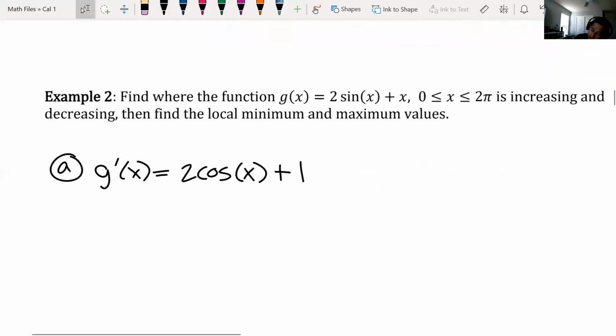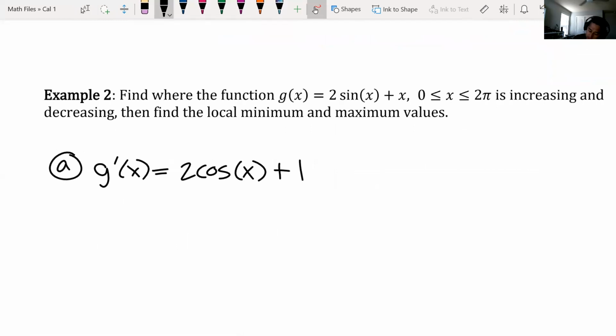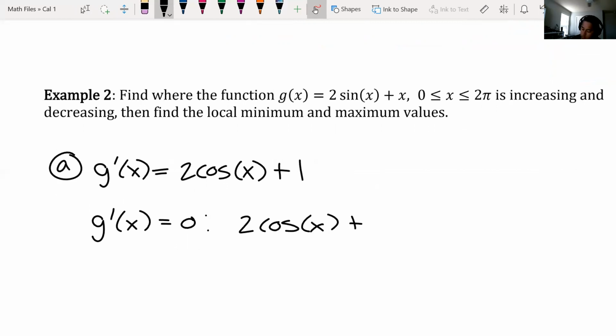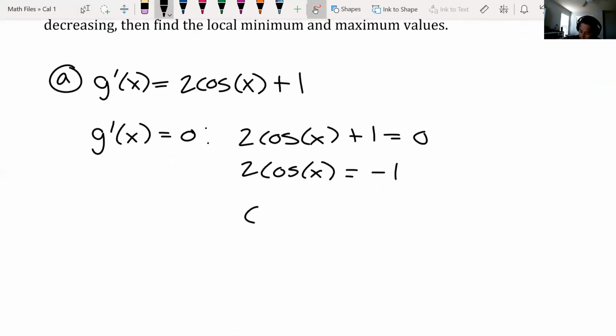Okay. And then set the derivative equal to 0: 2 cosine of x plus 1 equal to 0. Move the 1 over and then divide by 2. We get cosine of x equals negative 1/2, and they're giving us an interval to work with.